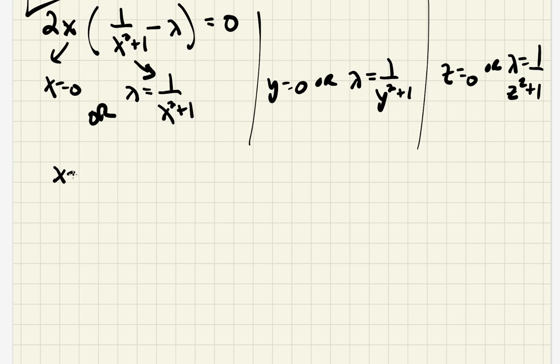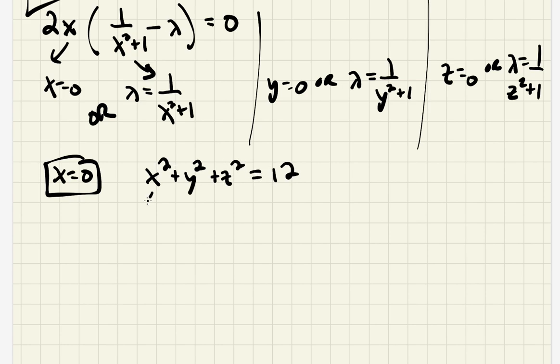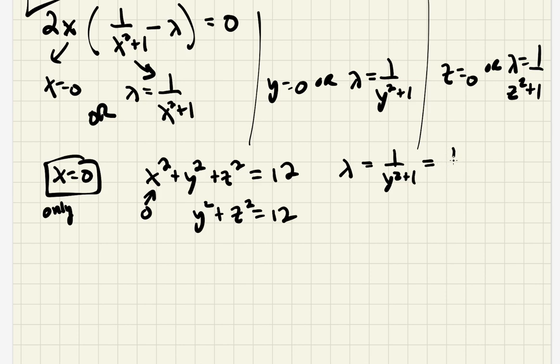If x is equal to 0, let's take that into the constraint. x squared plus y squared plus z squared equals 12, with x equal to 0, so y squared plus z squared equals 12. And let's say that's the only one that's equal to 0. Then lambda must be 1 over y squared plus 1, which also must be 1 over z squared plus 1. And so it tells us that y squared is equal to z squared.